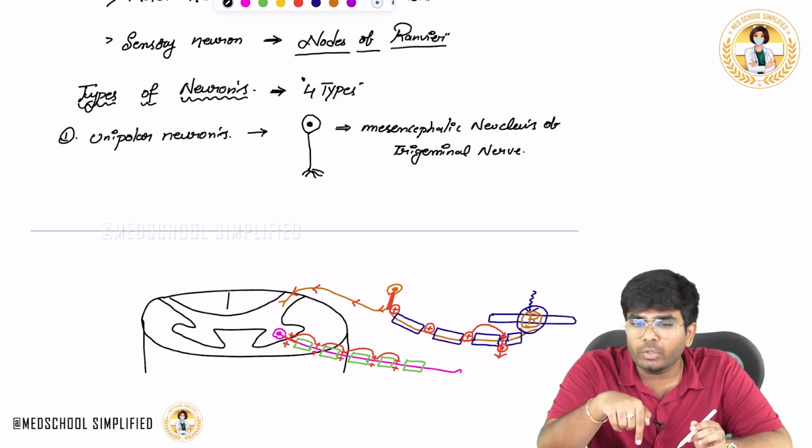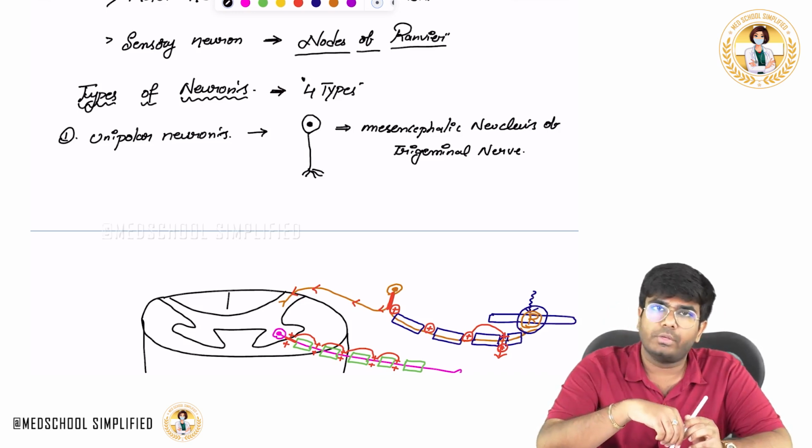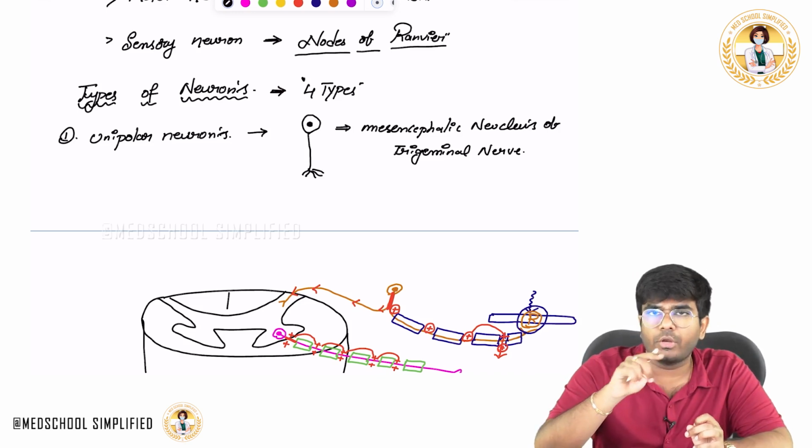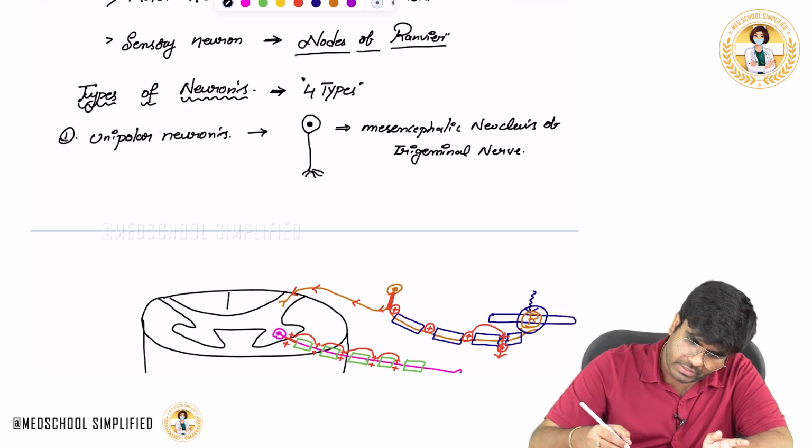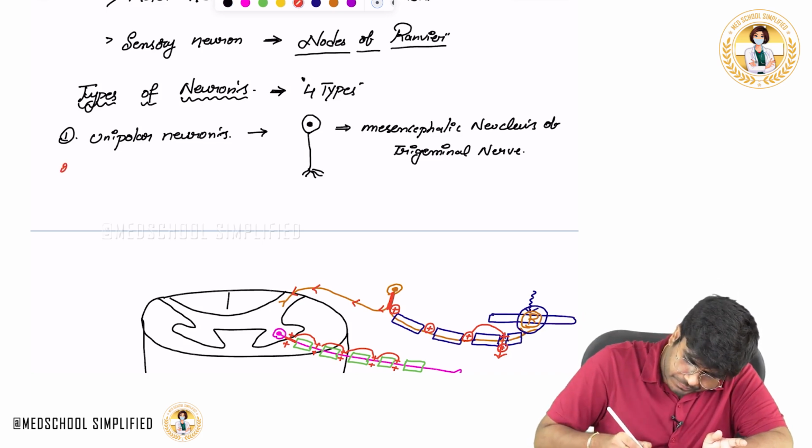Inside the mesencephalic nucleus, there are unipolar neurons, meaning a cell body with only one axon. That's it. Next one is the pseudo-unipolar neuron.